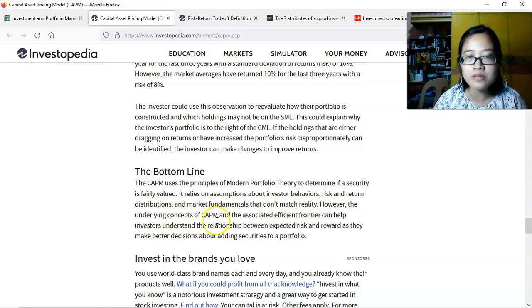However, the underlying concepts of CAPM and the associated efficient frontier can help investors understand the relationship between the expected risk and reward as they make better decisions about adding securities to a portfolio. Alright? So, ayun lang naman. So, essentially, kumbaga, next best thing, hindi siya ideal or hindi siya realistic, but there's no other model to be used.